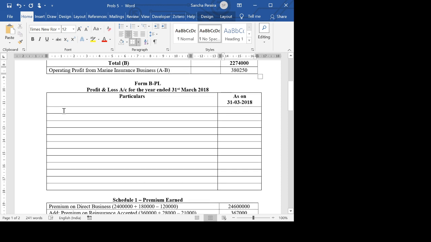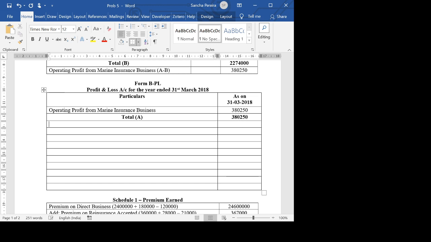So we have operating profit from marine insurance business, which is 3,80,250. We call this total of A again. We don't have any other income to show here.